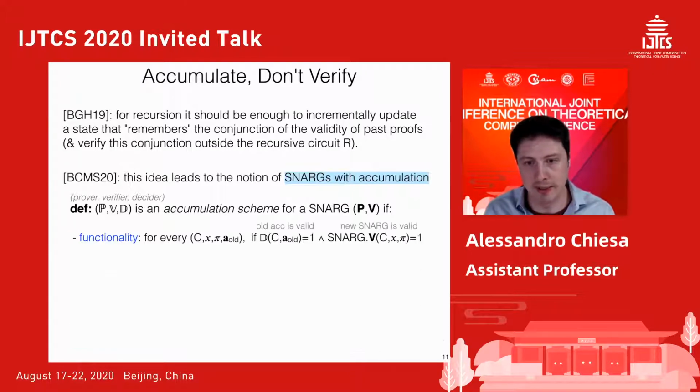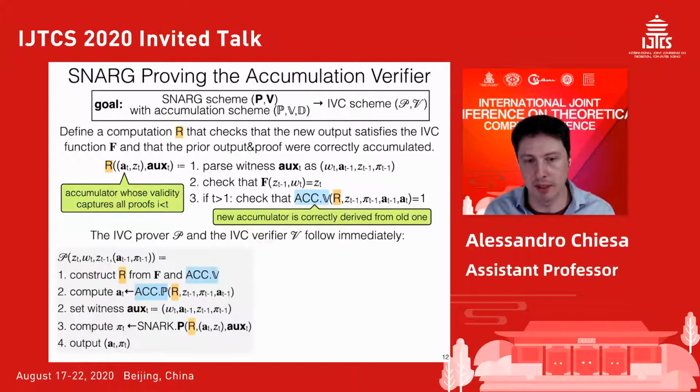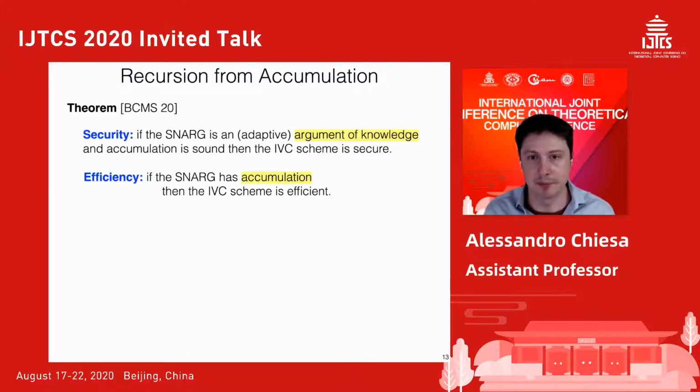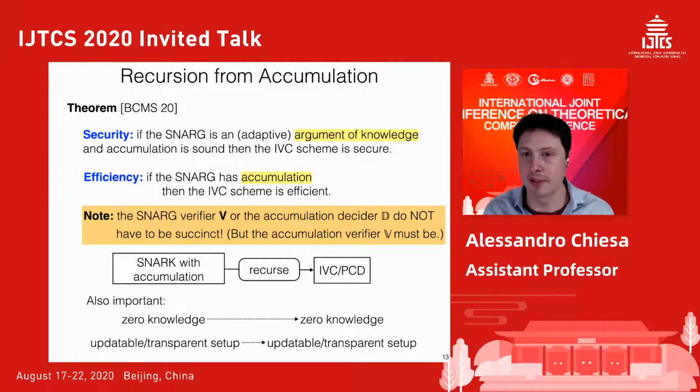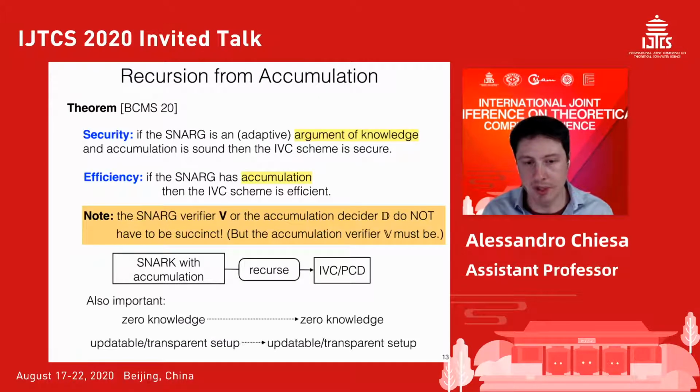So hopefully that helps with the mental picture. Now that said, accumulation schemes are not so easy to construct. I will not discuss much about that in this talk. All right, so that's all I wanted to say about accumulation.